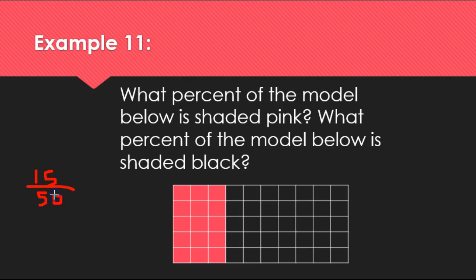Now, in order to have a percent, I know that it's going to be over 100. So I can use equivalent ratios here to help me get up to that 100. So now I can just look at 50 times what gets me to 100. 50 times 2.